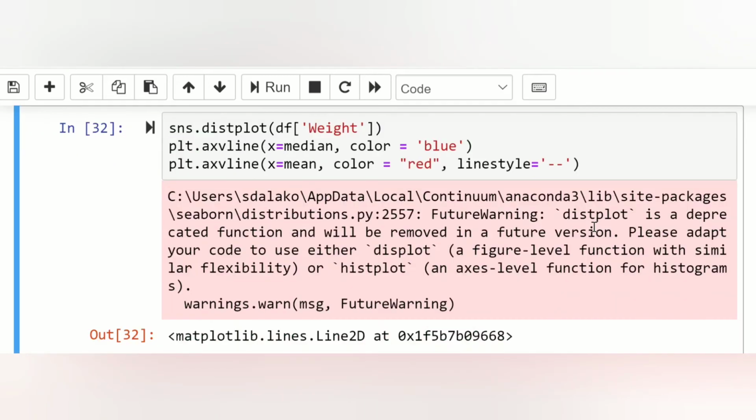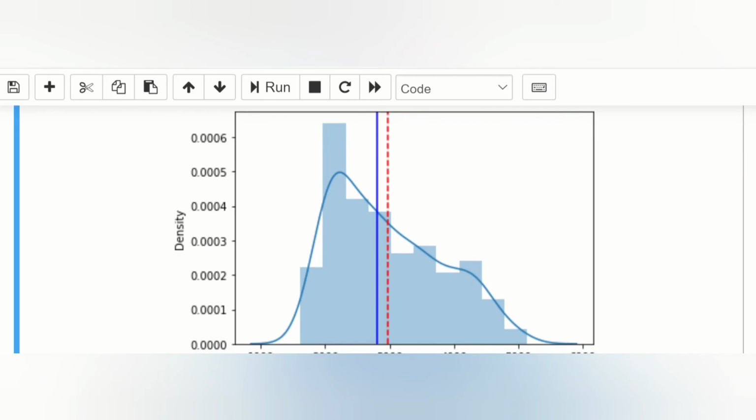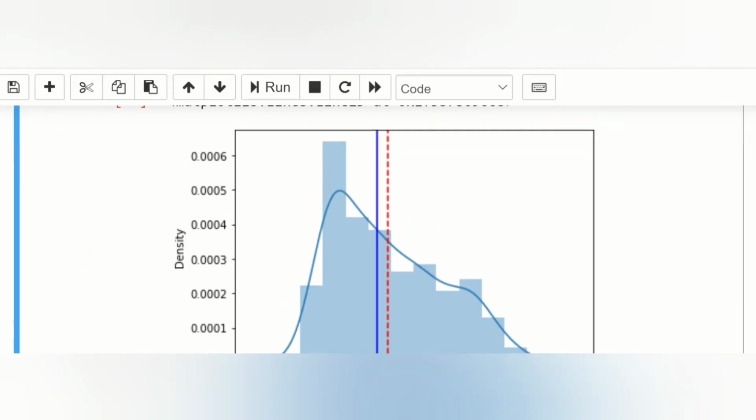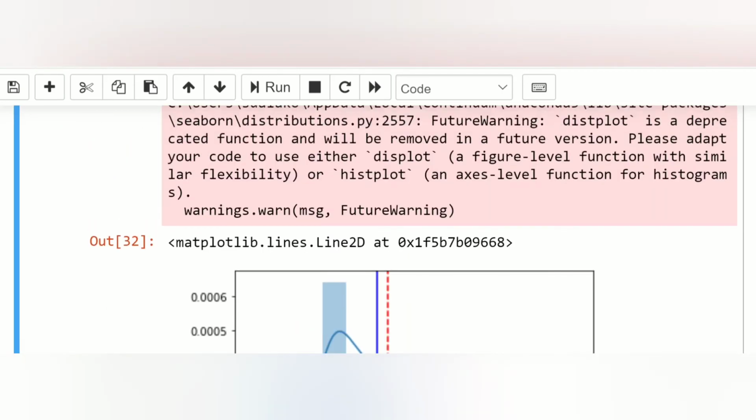Now if I plot this for the weight attribute, you can see the right tail extends more than the left tail. So this confirms that this is not a normal distribution. And you can also confirm this using a box plot. See, the blue line and the red line here are nothing but the median and the mean: the blue line was the median and the red line was the mean.